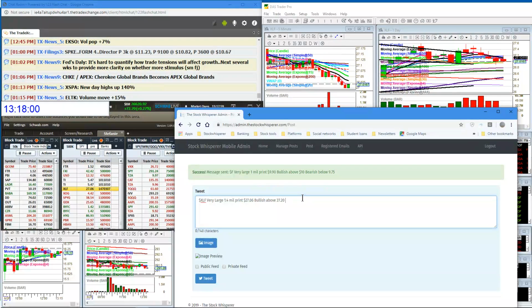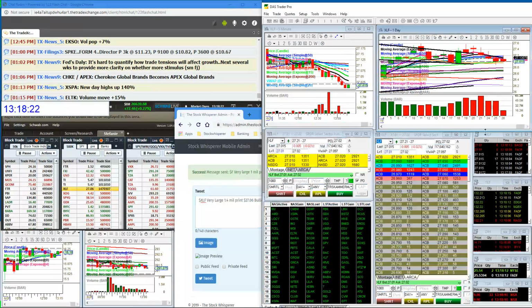So bullish above 2720. And then I'm going to do bearish below 2687. Why did I pick that? That's an 8th level, the next level down. Give it a little bit of splash room. I'm always bearish below the print, but I also want it to clear the simple 30 moving average.